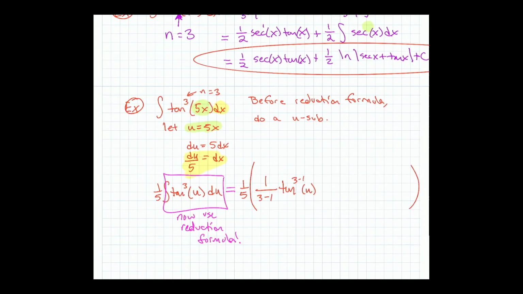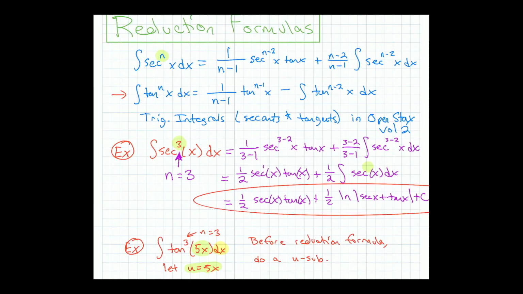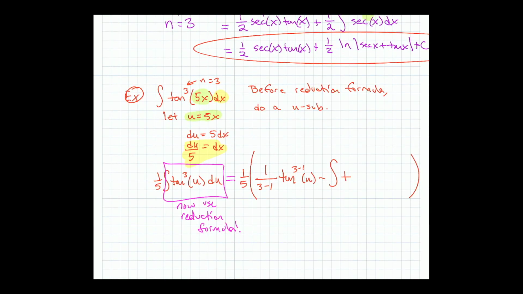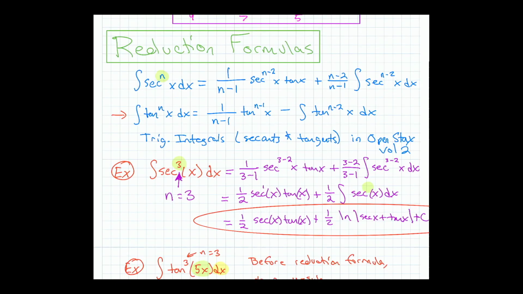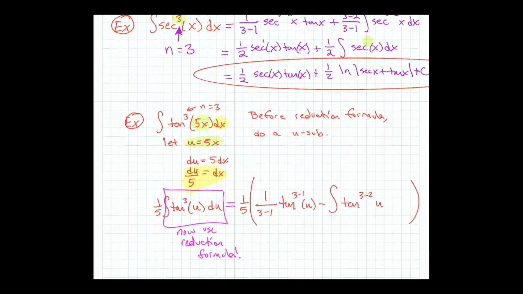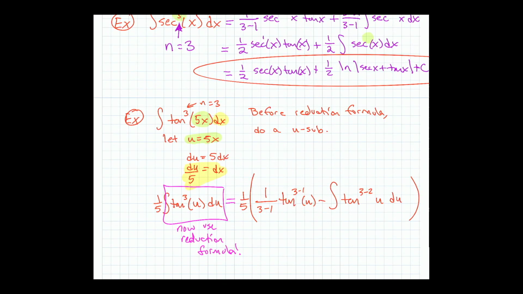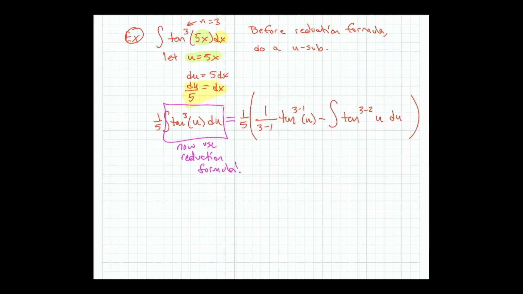Then we have minus the integral of tangent n minus 2, which is actually 3 minus 2, u. So hopefully I did that right. So you got your 1/5 parentheses, 1/2 tangent squared u minus the integral of tangent 3 minus 2 is 1, so just tangent u du.